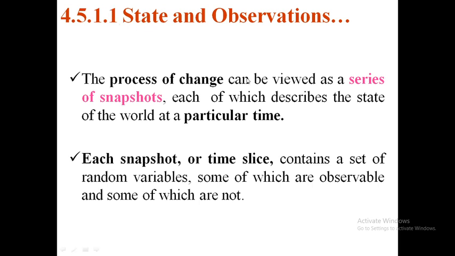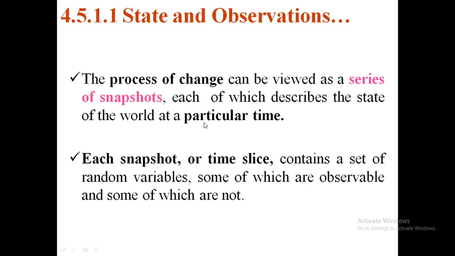So the process of change can be viewed as a sequence or series of snapshots. Right or wrong? A motion picture, if you observe, is a collection of photos only. If you collect a number of photos relevant to one picture or one event, and put them in a sequence, if you play them fast, you may get a movie or animation concept. Right or wrong?